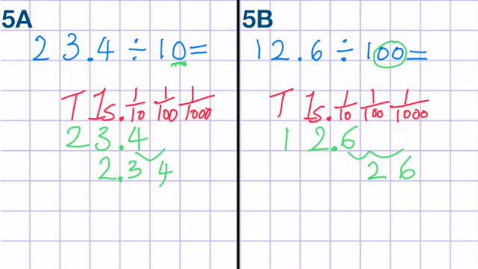Actually, I've divided by 1,000 there. So it's going to move 2 places. So the 6 is going to go from there to there. No, so I was right. The 2 is going to come here. 1's going to come here. Decimal place, 0. So 12.6 divided by 100 is 0.126.